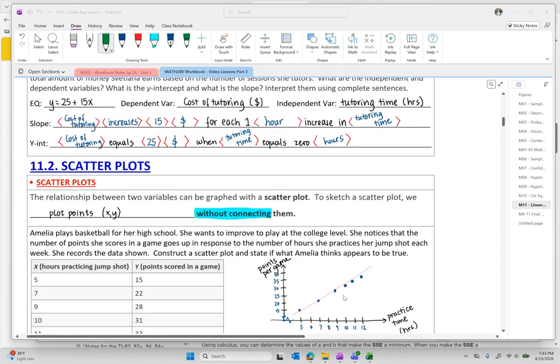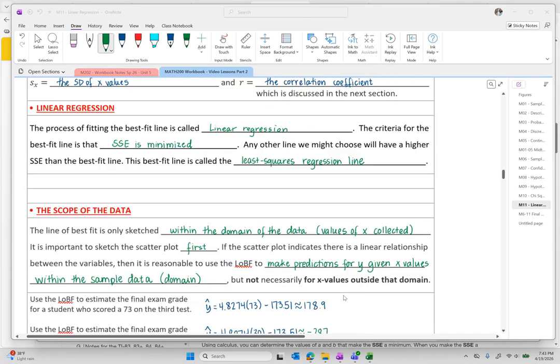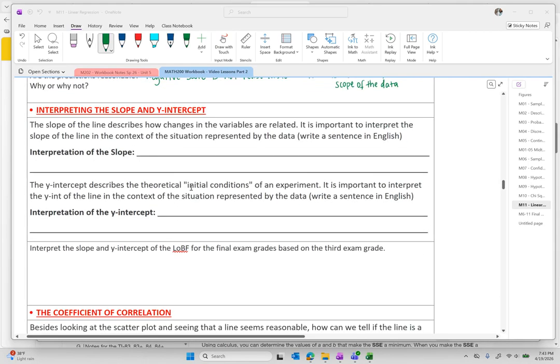So remember that template here and fill it out in this part of your notes, and then we will use that template to interpret the slope and the y-intercept for the line of best fit for the final exam grades based on the third exam grade.